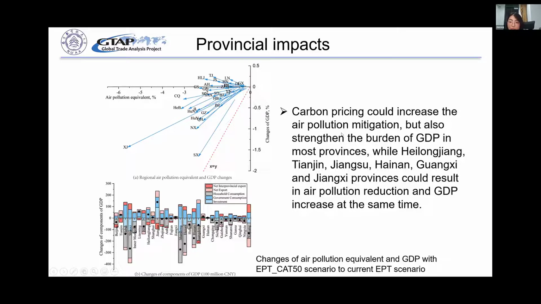Some provinces could see air pollution reduction and GDP increase at the same time. Provincial distribution is vital for regional inequality, and we could introduce a relatively smaller tax rate on provinces with large GDP loss, or we could provide subsidies for these regions at the same time.